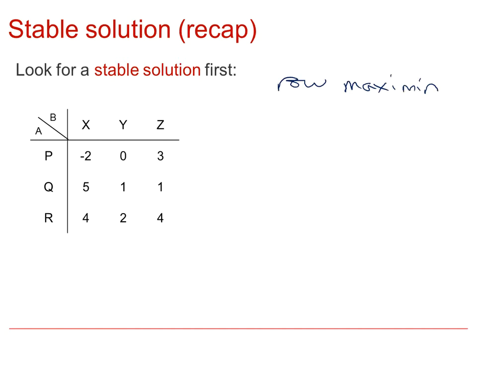Hopefully you remember the row maximin and the column minimax. So I'm looking across the row for A playing strategy P, and I choose the minimum, which is -2. Similarly, across row Q, the minimum is 1, and for row R, the minimum is 2. Looking now down the columns for player B, I'm looking for the maximum score, which would be a 5, a 2 and a 4.